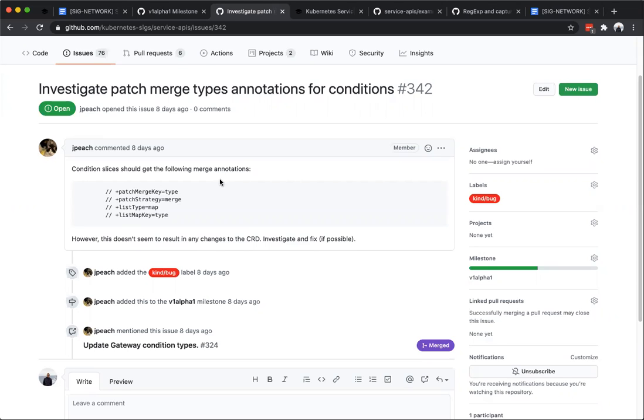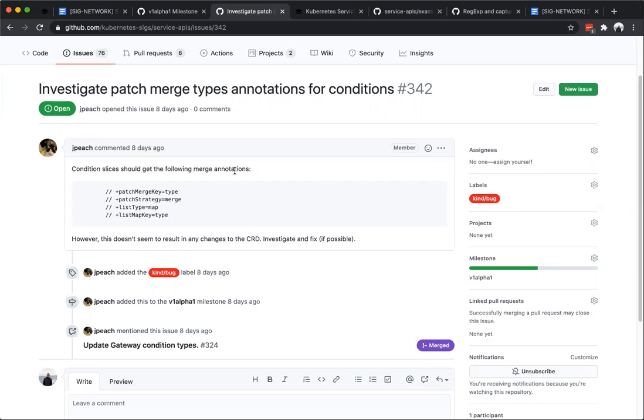If they're not doing anything, then I would say let's remove them from the gateway conditions. I guess the point I'm trying to make is just having that consistency. Unless there's a reason why they're not consistent, someone may come across and say, why does a gateway status condition have different behavior than a listener condition?